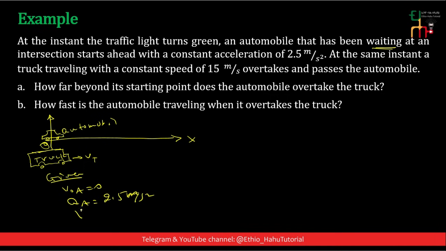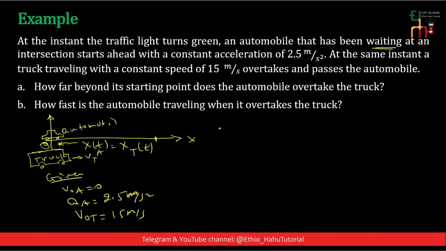The truck is moving with a constant velocity of 15 meters per second. After a certain time t, they reach this point, and the distance traveled by the automobile and the distance traveled by the truck are the same. Distance of automobile is equal to distance of truck.